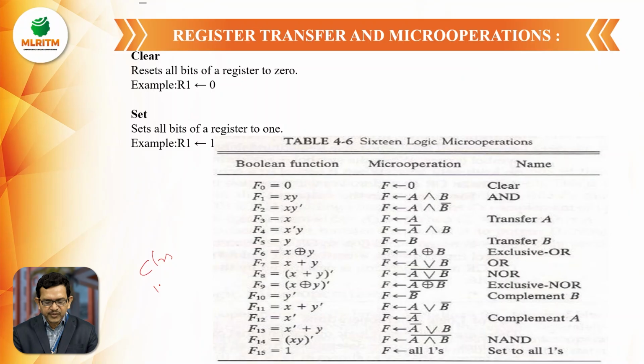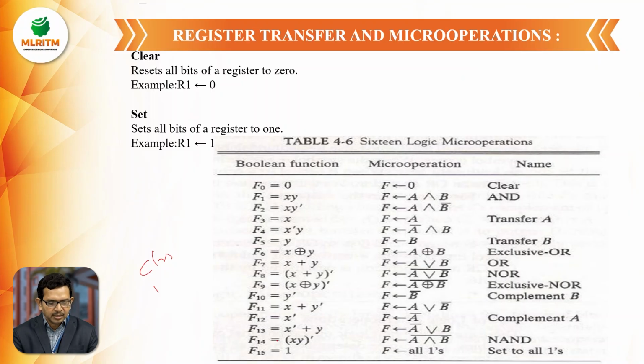Now, if you see the list of operations here, the 16 logical micro operations, how are these 16 logical micro operations implemented using a truth table? We have to consider a truth table from F0 to F15. All these functions F0 to F15 represent the different types of logical operations you are going to apply on the registers.